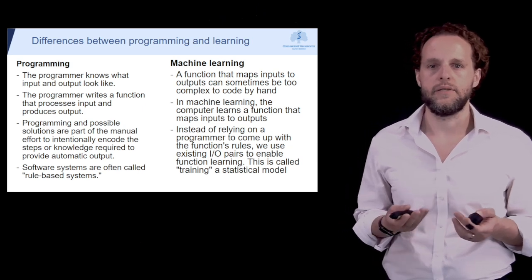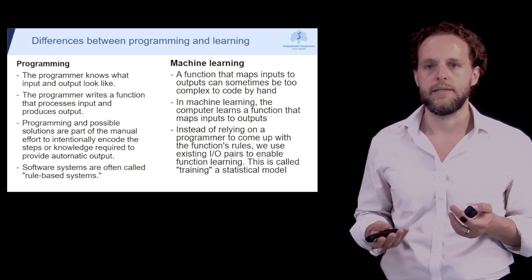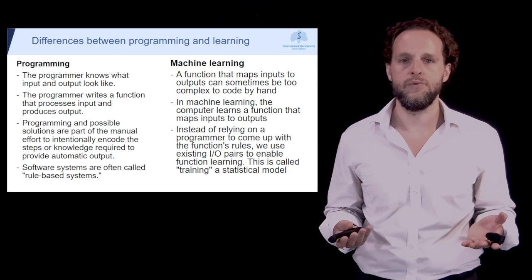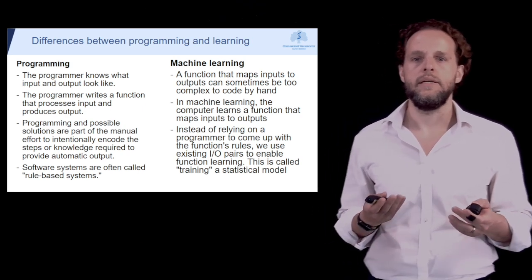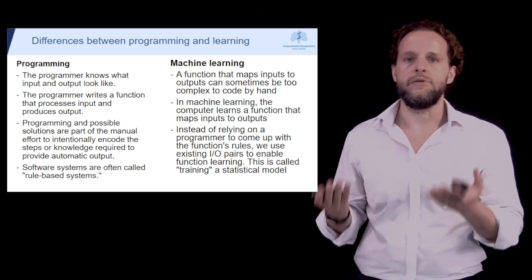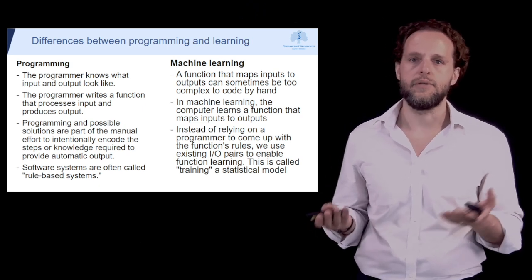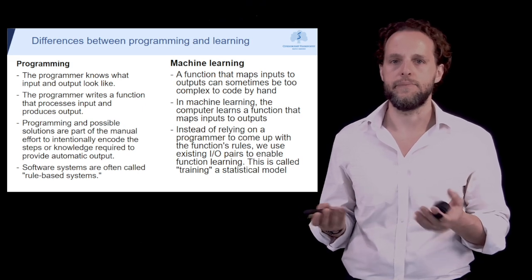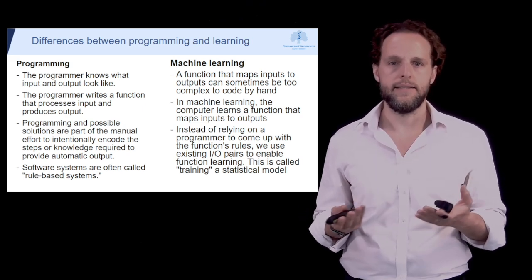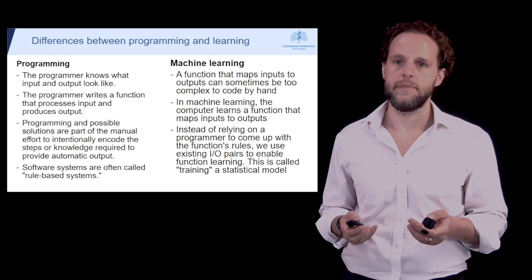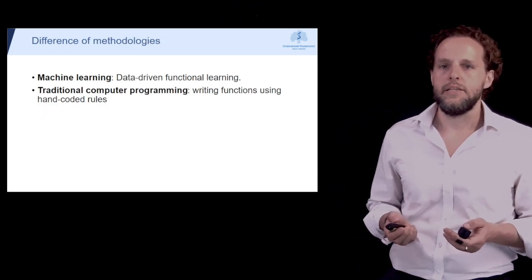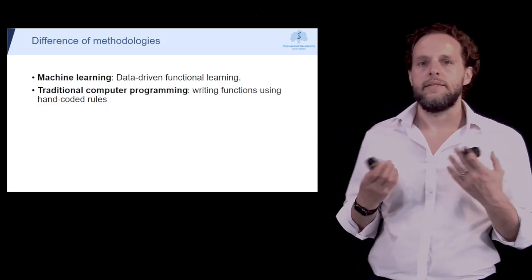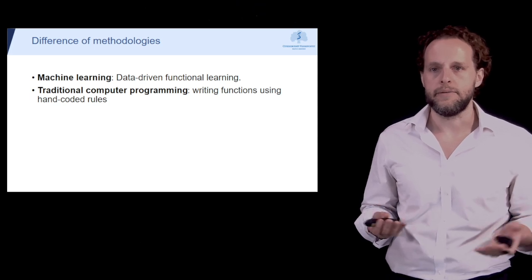Instead of relying on the programmer to come up with the rules for the function, we are using existing input-output pairs to enable learning of the function. This is called training a statistical model. Machine learning is data-driven function learning.